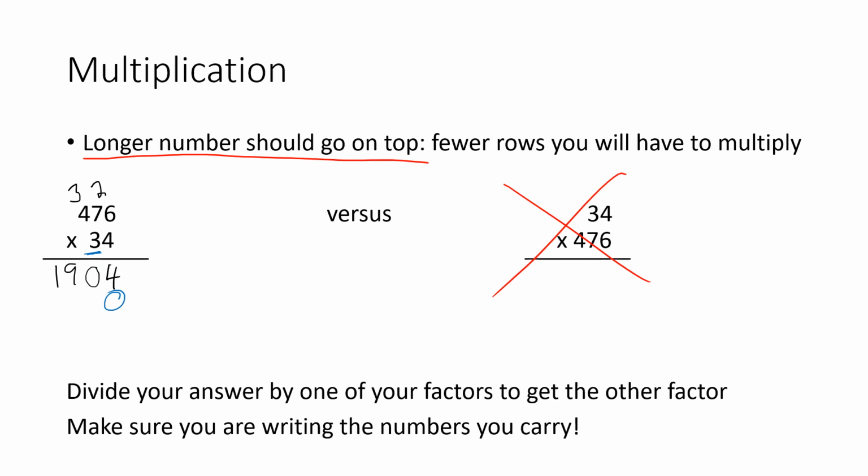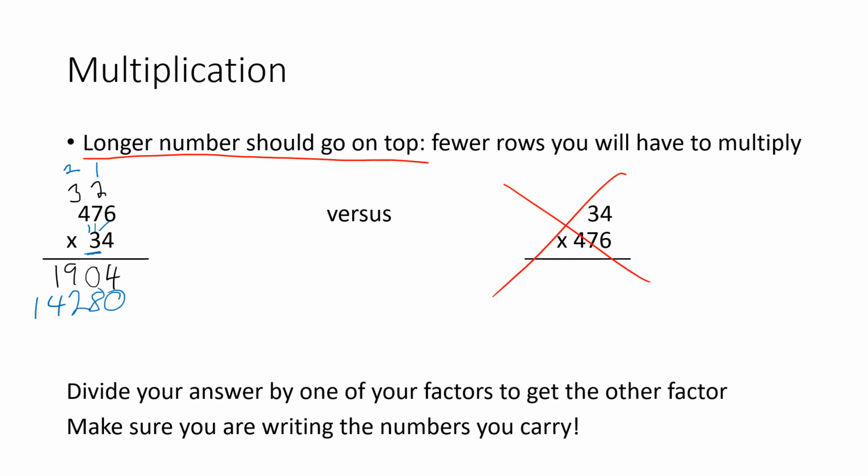So put your 0 when you start your next row, and then we'll start with our 3. 3 times 6 is 18. Write down the 8, carry the 1. 3 times 7 is 21. 21 plus 1 is 22. So we'll write down the 2, carry the next 2. 3 times 4 is 12. 12 plus 2 is 14. And there's nothing to carry after that 4, so we just write the whole number down.